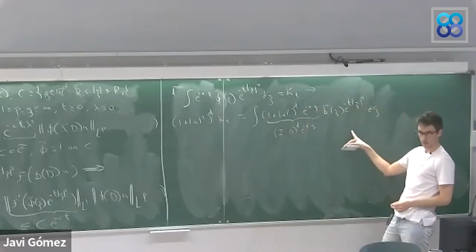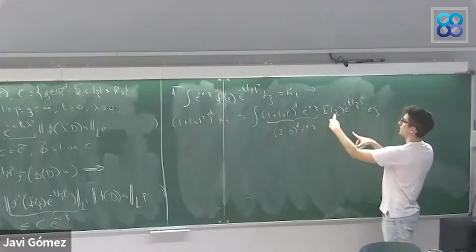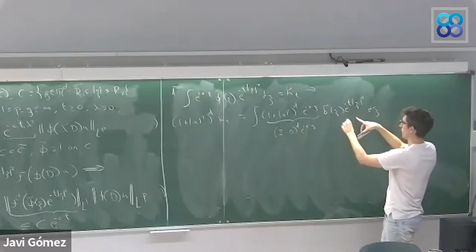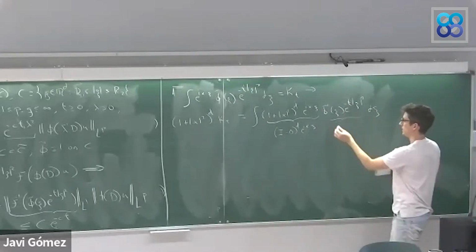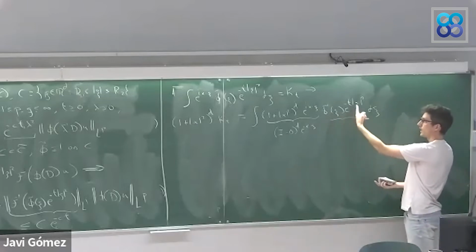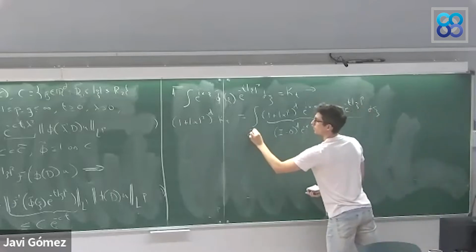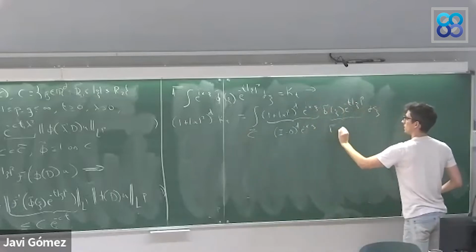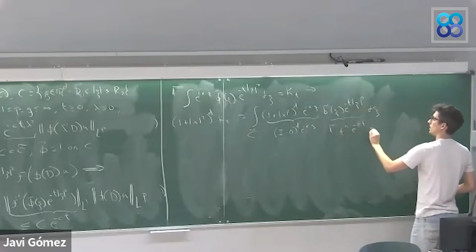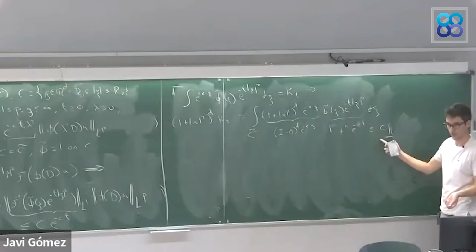Then we integrate by parts. And when we integrate by parts, every time that we hit two derivatives, in the end we will have this multiplied by the exponential and powers of the numerator, because we are in an annulus, and this is bounded, we obtain the result.